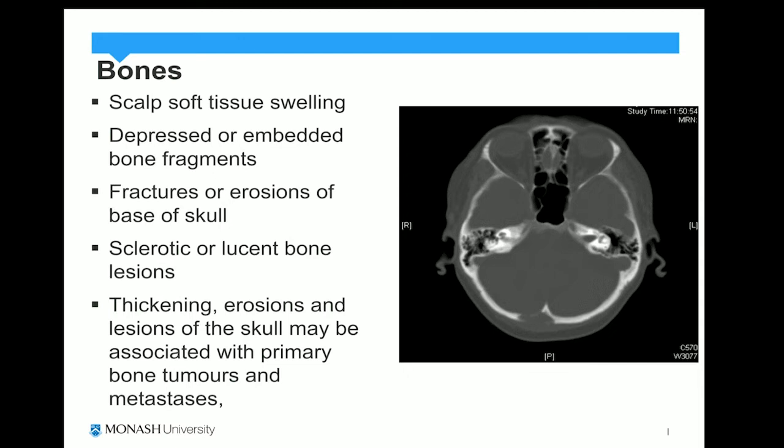And then if there are fractures or erosions, look for changes in density in the bone, like sclerotic or lucent bone lesions. So in this case, you can see that we have got some scalp swelling on the right side, the occipital part. But if you look at the occipital bone, you can see that there are erosions of the skull. And this can be associated with either primary or secondary tumors.